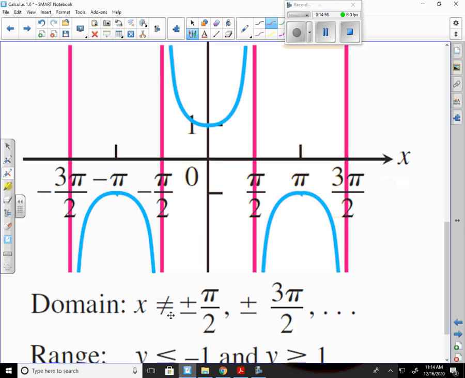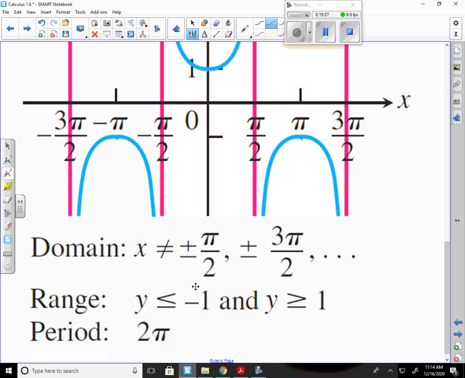It won't work at negative and positive pi/2, and negative and positive 3 pi over 2. My range is different because y is less than or equal to negative 1 and y greater than or equal to 1. And then my period is still 2 pi.